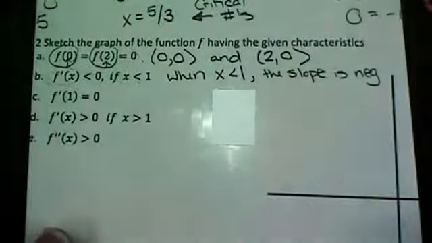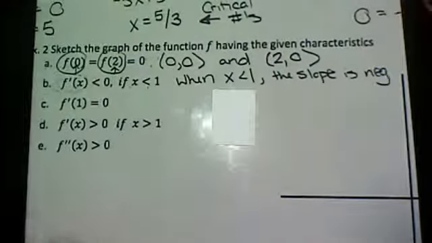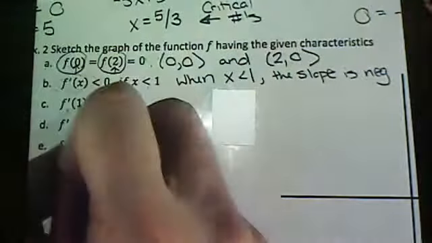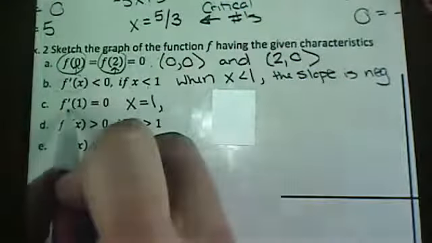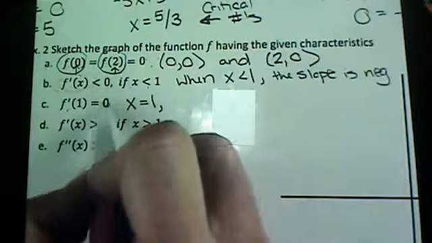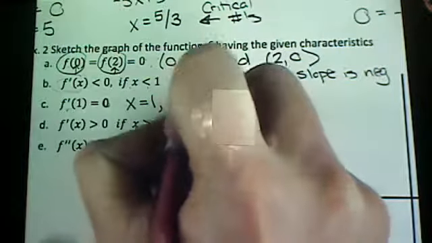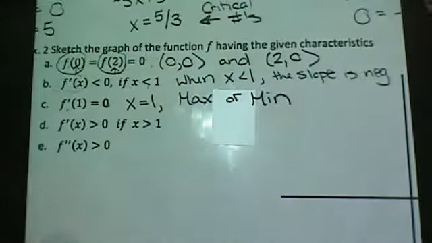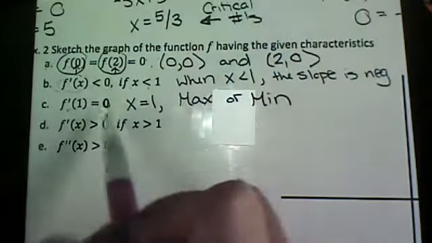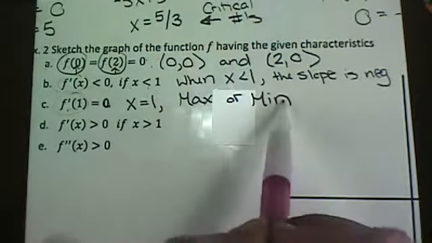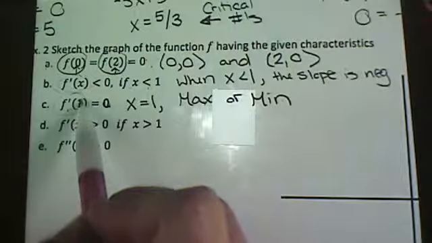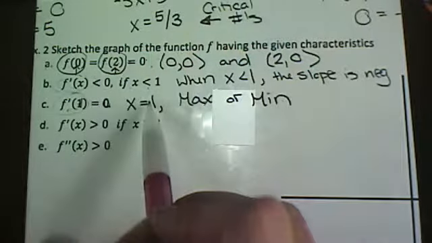Agreed? Right here, it says when x equals 1, we have a slope of 0. Remember that when slopes are 0, we're going to have a maximum or a minimum. So when the first derivative equals 0, that's a maximum or minimum. This x value says that max or minimum is happening at 1.